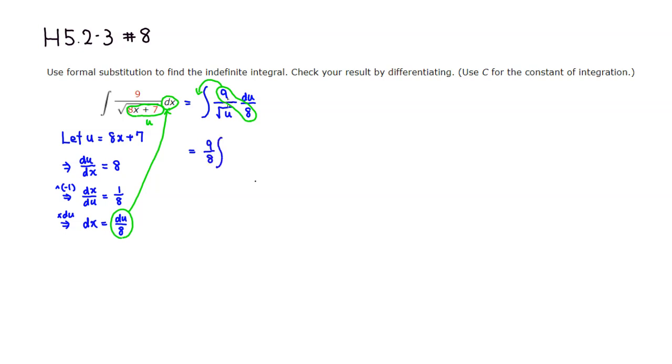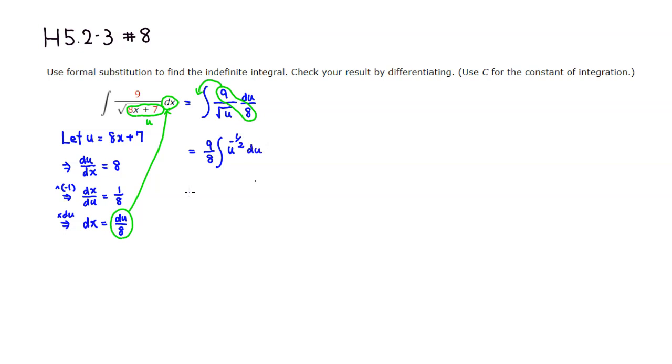Then we have 1 over the square root of u, so we can rewrite it as u to the negative 1/2 power, since u is in the denominator and a square root is the 1/2 power, with respect to u, so du is still there.